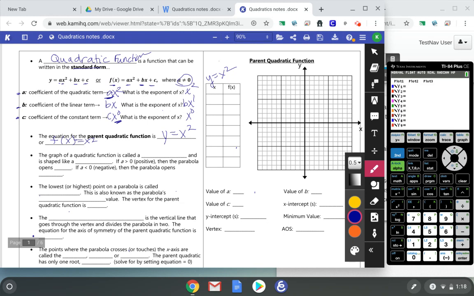So what I'm going to do is I'm going to put this in my calculator. I'm going to pop in x squared, enter, and the easiest way for me to graph this is to look at my table of values. Second table. Okay, there we go. All right, when I look at my table right now, it starts at 0, and my y values go 0, 1, 2, 4, 9, 16, and it looks like it just keeps kind of curving up like this.